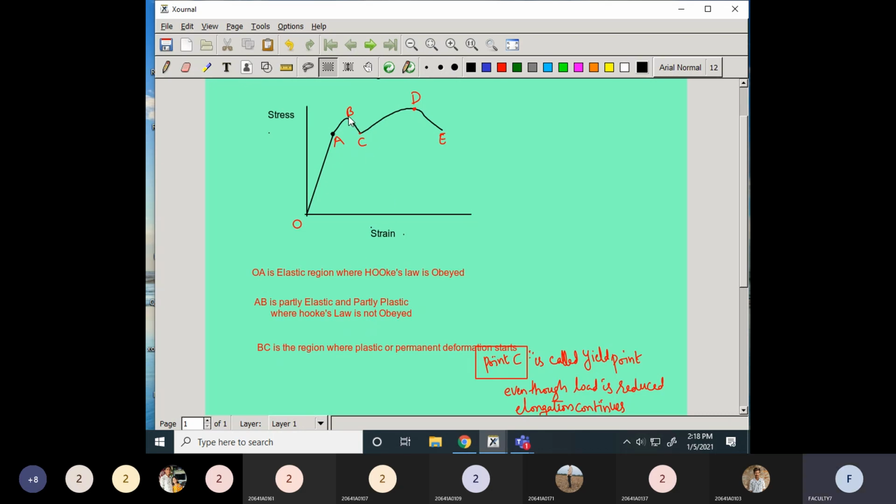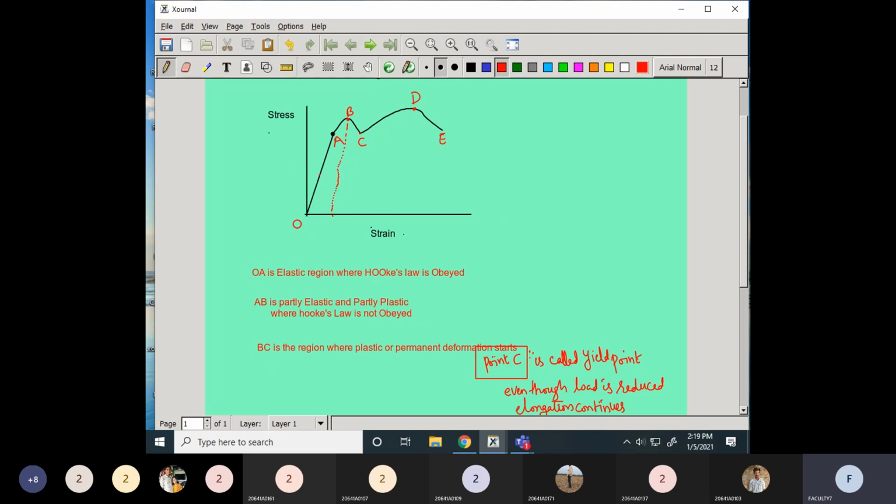Now beyond point B to point C, or else you can do one thing. After reaching point B, if you try to remove the forces, what happens? The graph will go to reach the strain in this path.